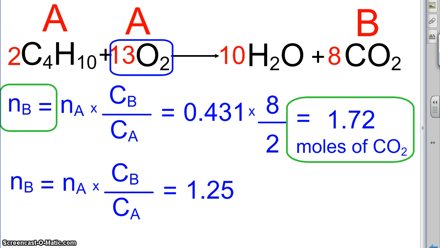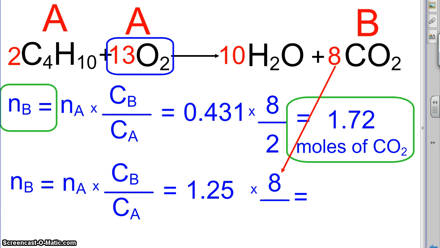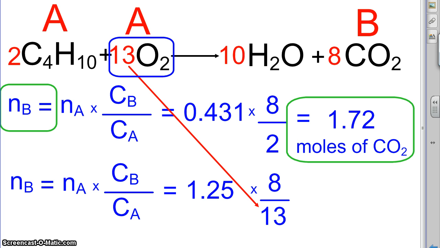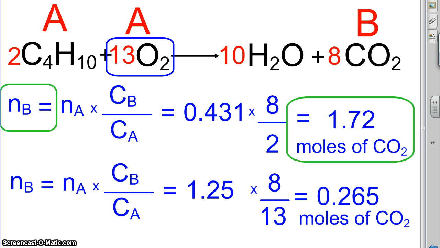We're going to take that times a different coefficient ratio here. Now, it's still going to be B over A, but remember A is changing. So we're going to take it times B, which is still 8, but over A. A for the oxygen is not 2, it is 13. So that's a different coefficient ratio here, and that's going to give us 0.265 moles of carbon dioxide.